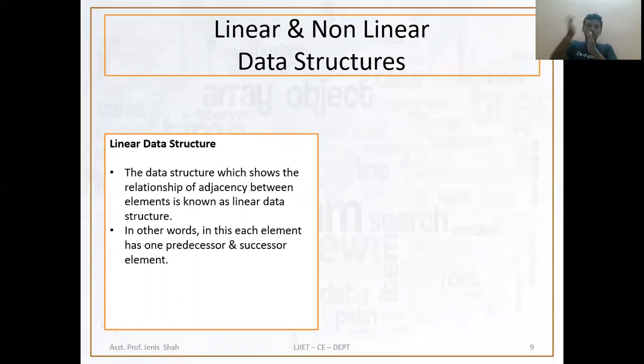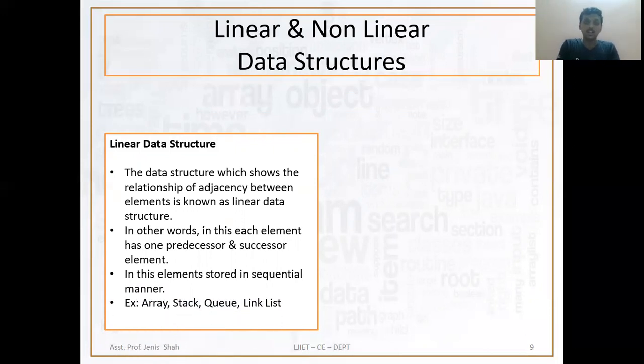For 2, 1 becomes the predecessor and 3 becomes the successor. It is easy to understand that 2 has only one neighbor, 1, and only one neighbor, 3, on the back side. This relationship is known as the relationship of adjacency. This is known as a linear data structure, and its elements are stored in a sequential fashion. Examples of linear data structures are array, stack, queue, and linked list.